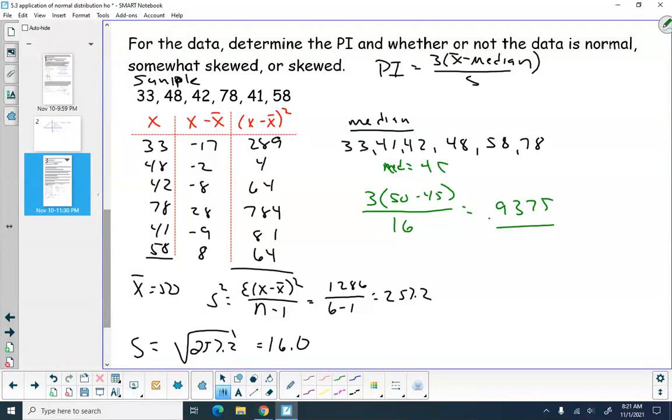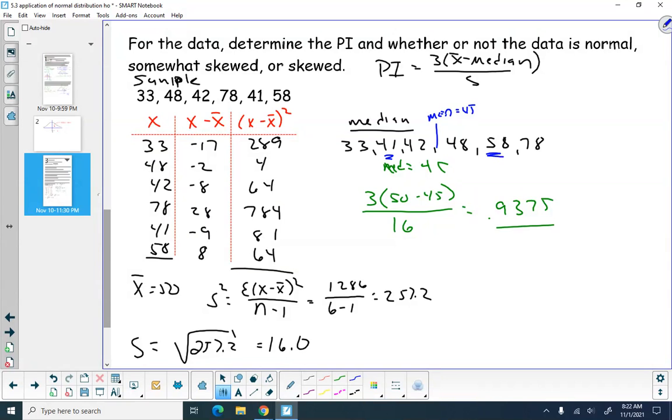So we hit that parameter, but we can take a look at your interquartile range and your outliers. Your median's at 45. So we have 58 and 41 as your upper and lower quartile.